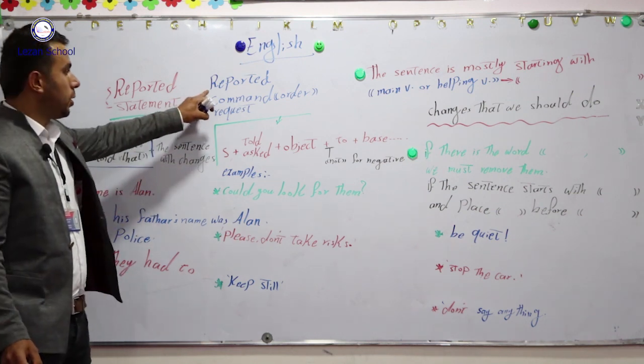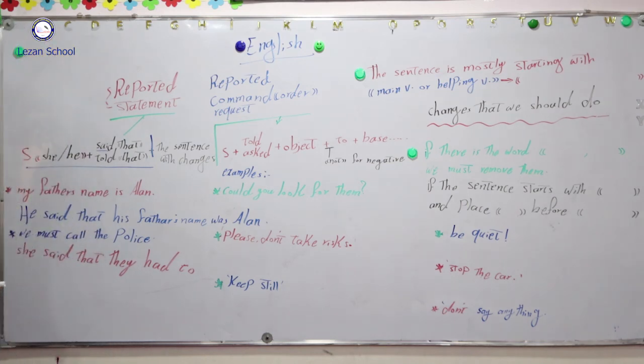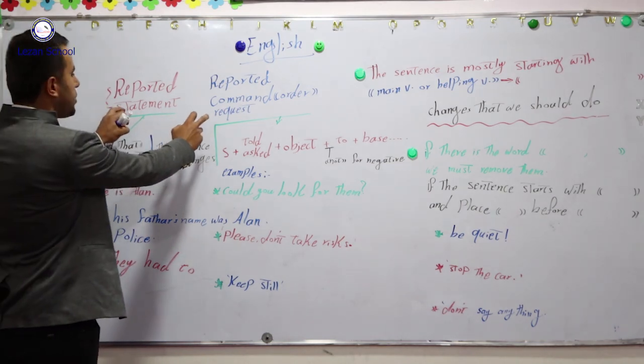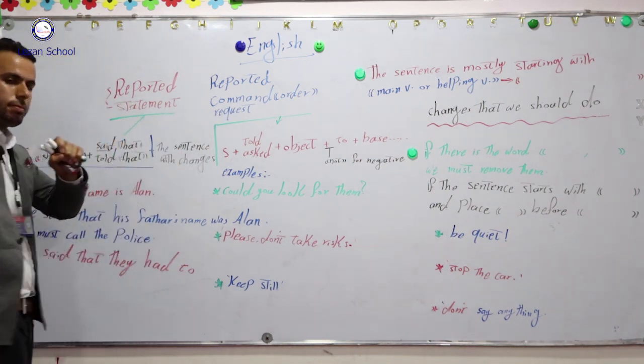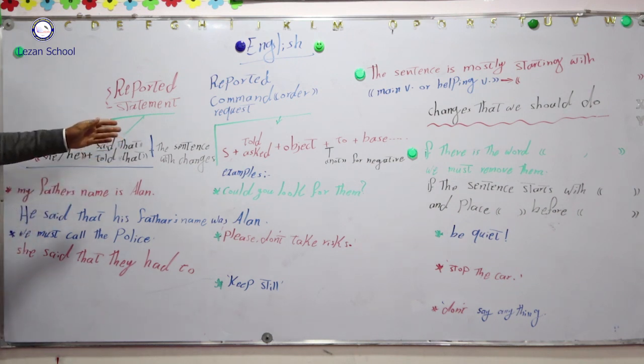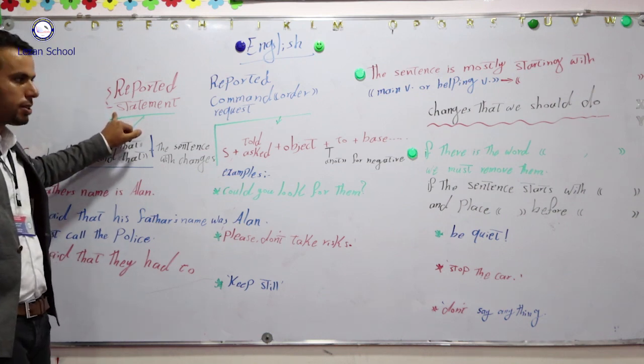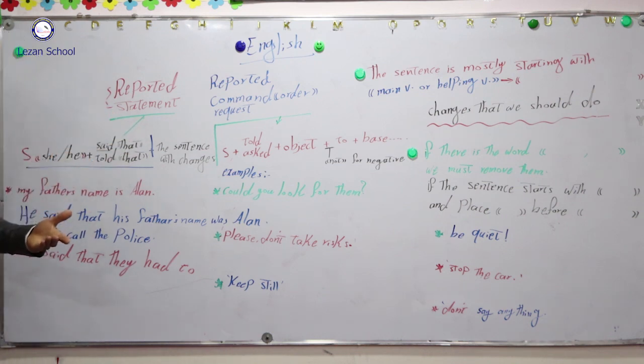What about reported command or reported request? What are the differences between these two? Let us explain it for you. First, a reported statement is a positive sentence mostly with a subject.